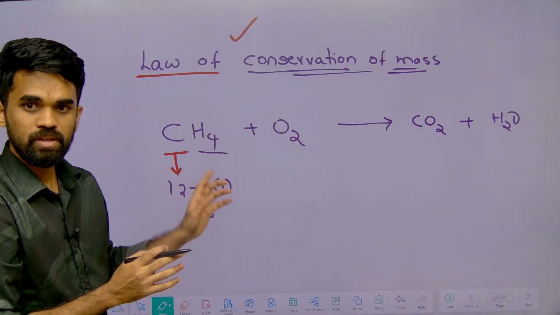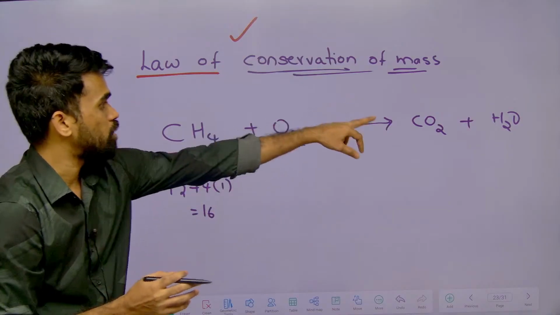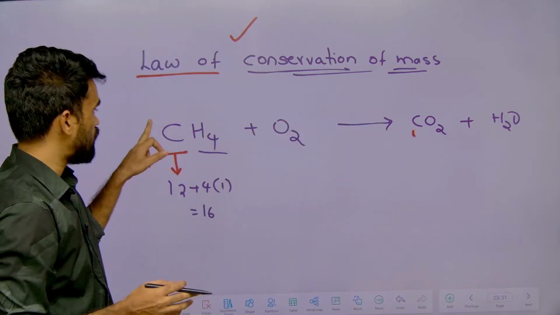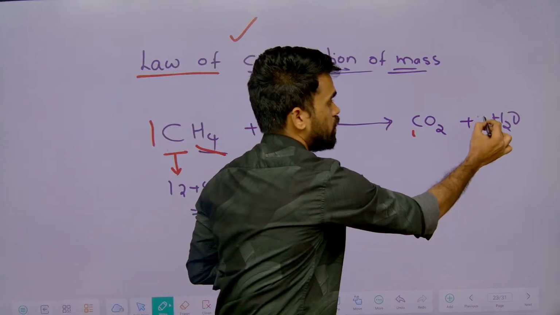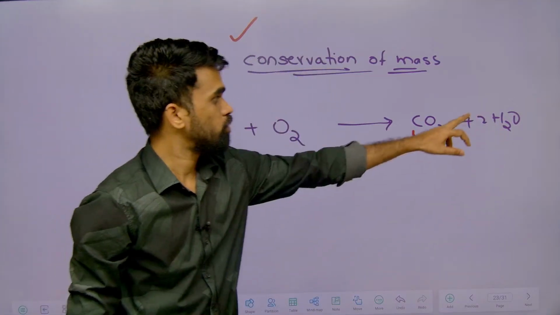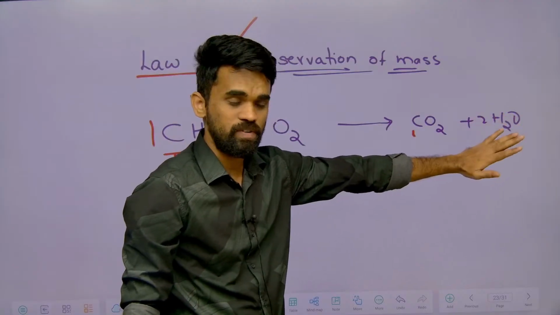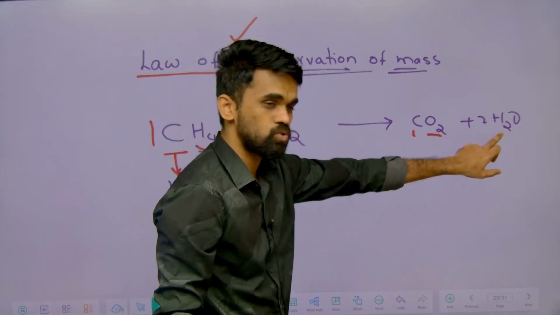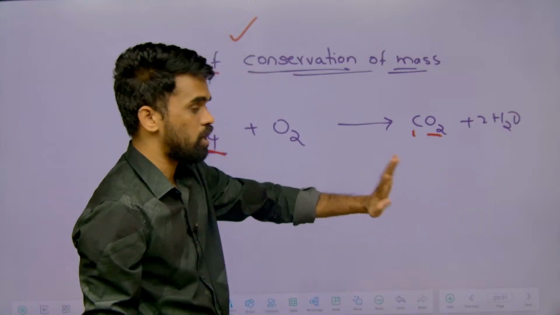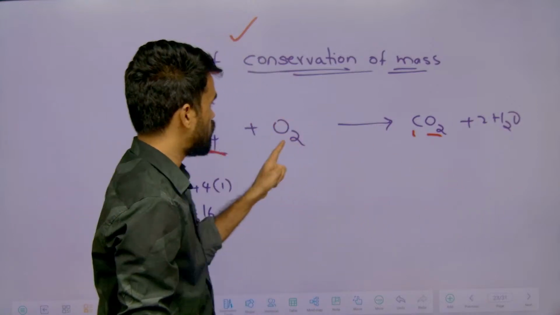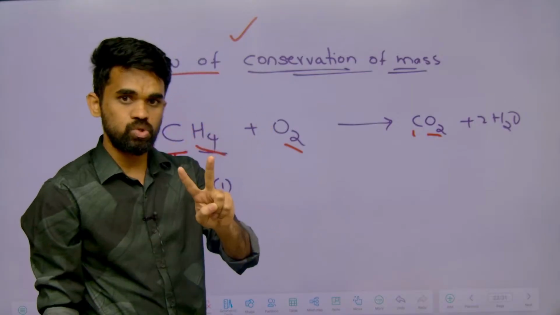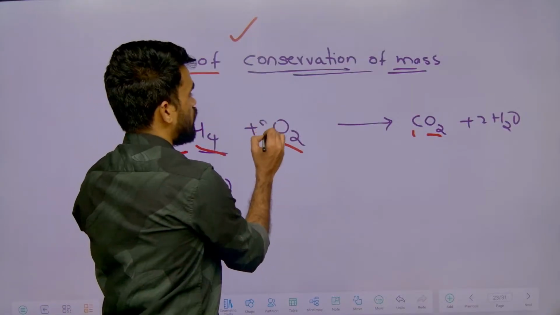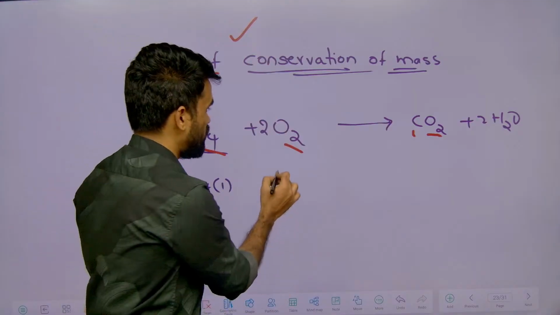How many carbons are there? 1 here, 1 there. Hydrogens are 4, so there should be a total of 4 hydrogens on the product side. Oxygens: 2 plus 2, so 4 oxygen atoms are required. Here only 2 oxygen atoms are there, since one molecule contains 2 atoms. So I can multiply this with 2. Now everything is fine.